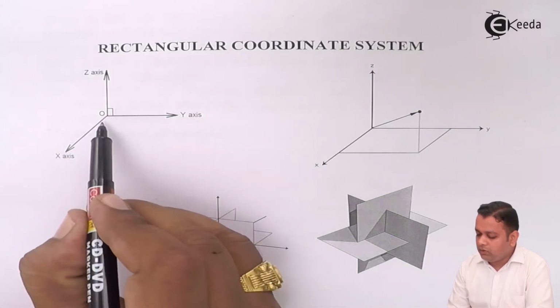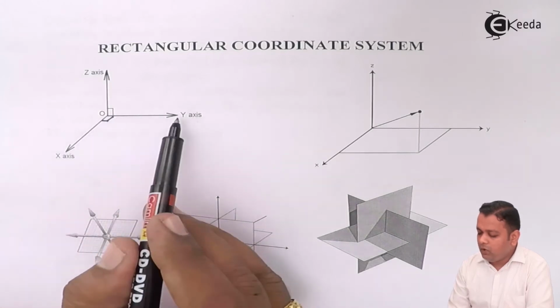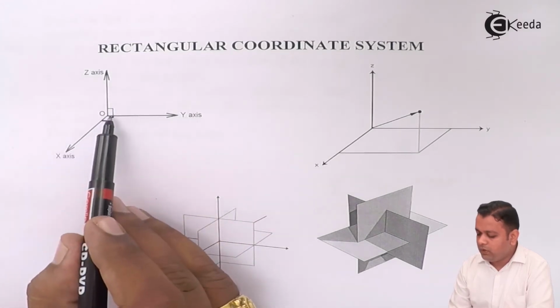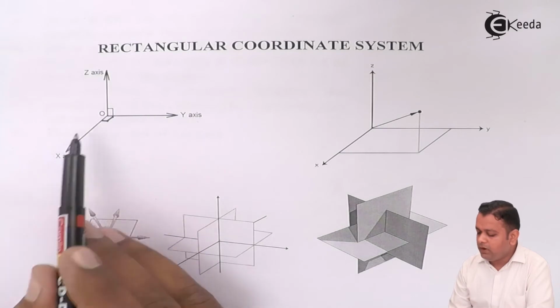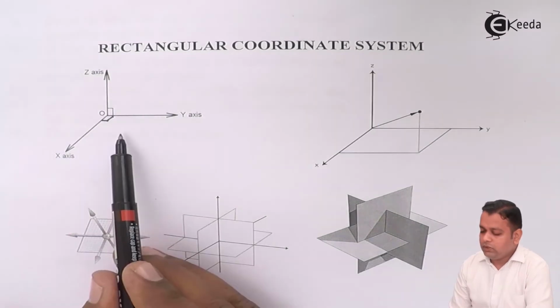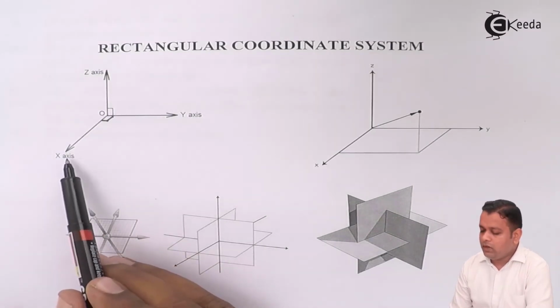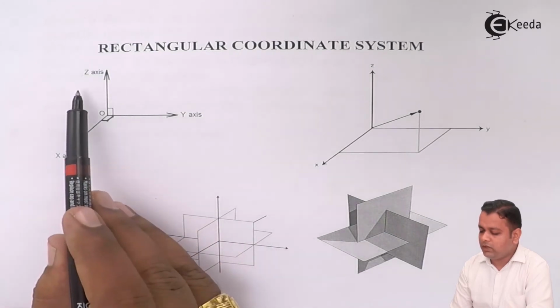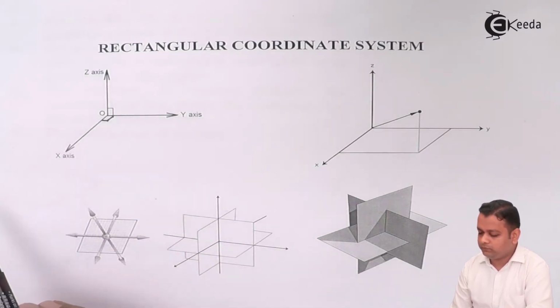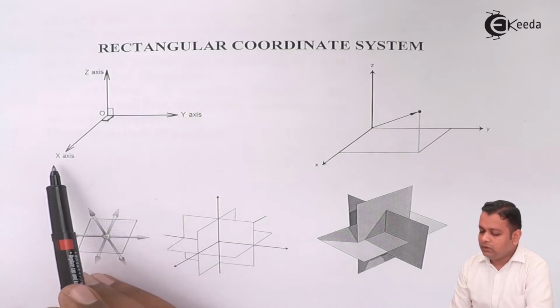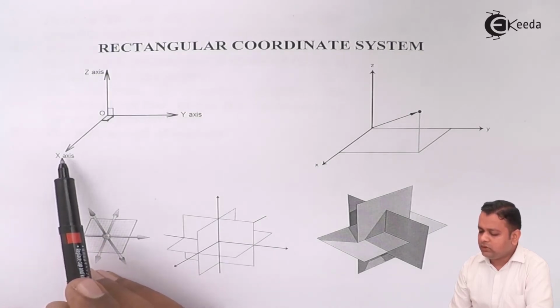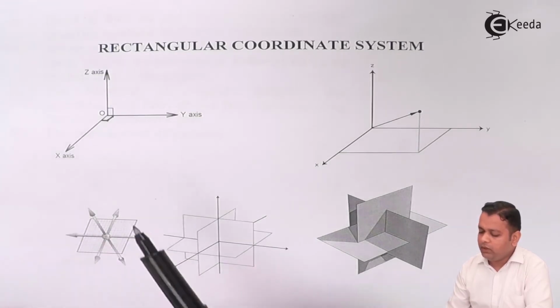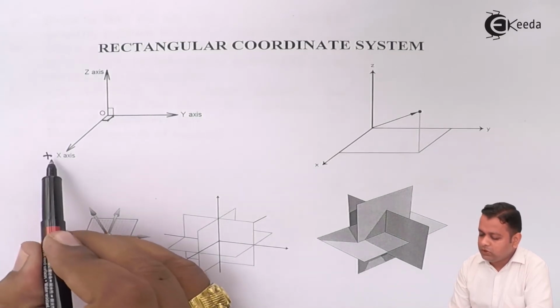X is perpendicular to Y, is perpendicular to Z, and Z is also perpendicular to X. Now in this diagram, I have drawn X-axis, Y-axis and Z-axis in the plane of the paper. Actually this X-axis has one-sided orientation. So this is the positive side.